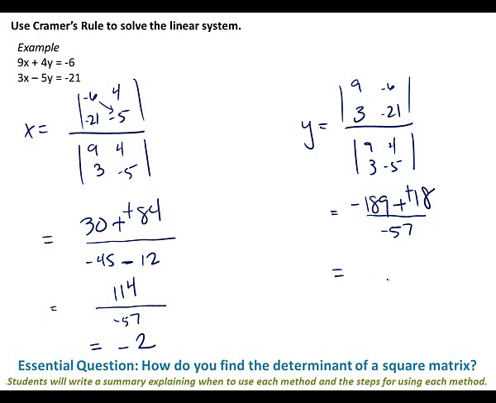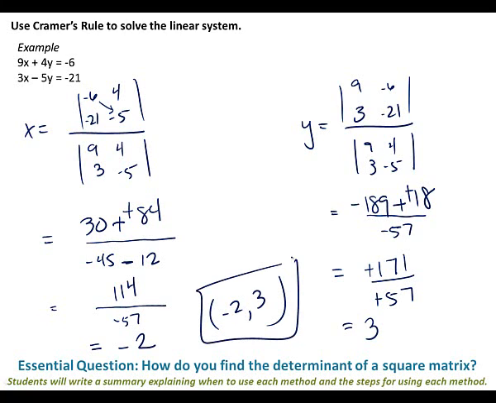So negative 189 plus 18 is what? Negative 171. Okay. What happens with this double negative? Positive. All right. Try dividing it out in your calculator. 3. And then can I leave my answer like that? No, you need to rewrite it as a coordinate, negative 2, 3. Just like the others, we can't leave it as an x equals or a y equals.